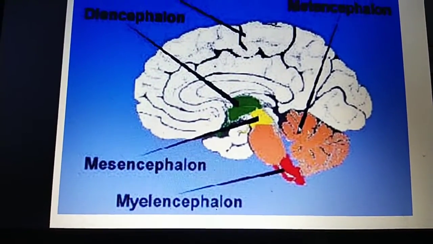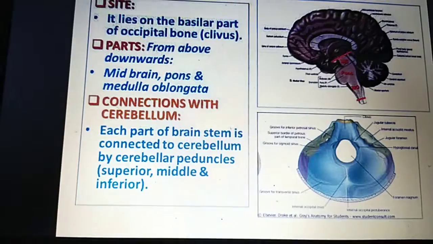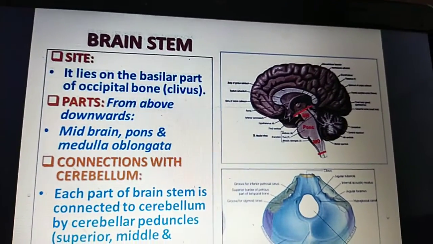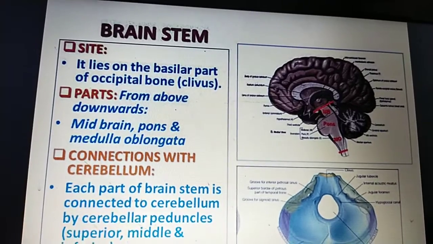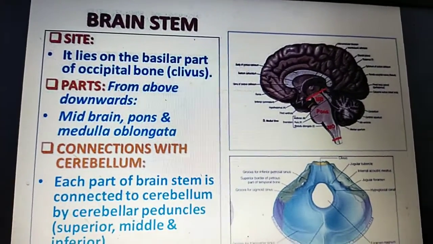You can also say the cerebrum as the telencephalon, the cerebellum as the metencephalon, the midbrain as the mesencephalon, and the medulla oblongata as the myelencephalon. You can go to the next slide. The brain stem is mainly made up of three parts: the midbrain, pons, and medulla oblongata.